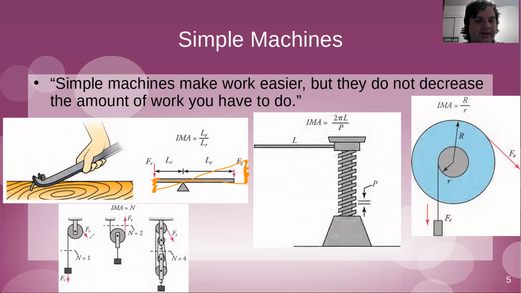If you do this middle one, it has two loops instead of one loop, so it takes half as much force, and if you do the third one, it takes a quarter as much force. For reasons that are a little more complicated to get into than just the levers that we're seeing with the crowbar, the screw, and the axle.